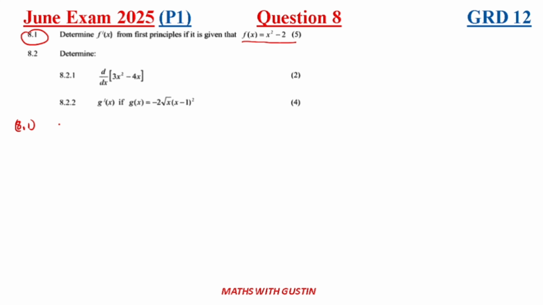Here we are given f prime of x, which is going to equal the limit as h approaches 0 of f of x plus h minus f of x, all over h. Great stuff. So where there's x, we must keep writing the limit until h approaches 0.